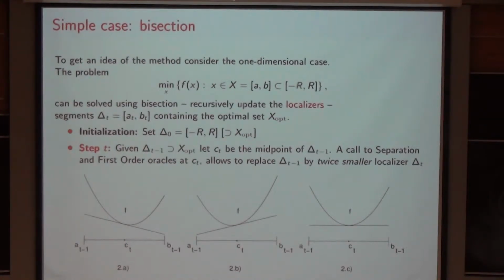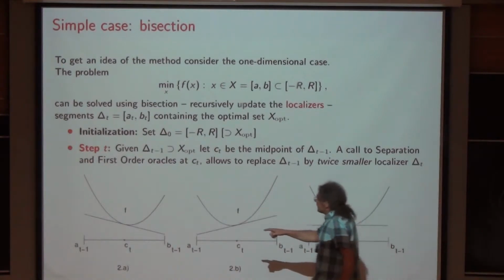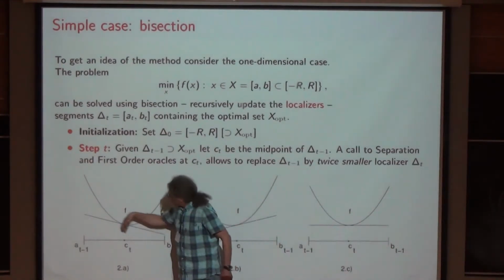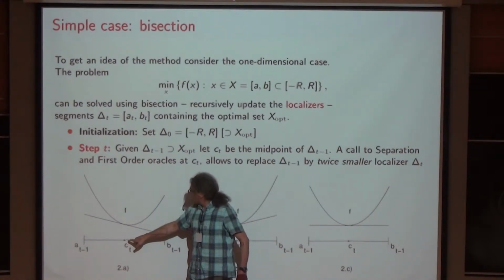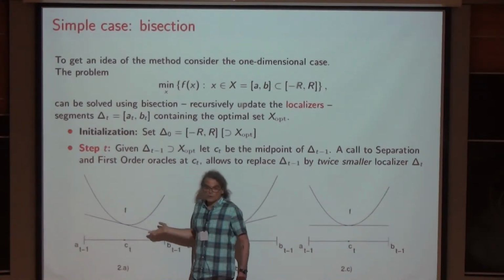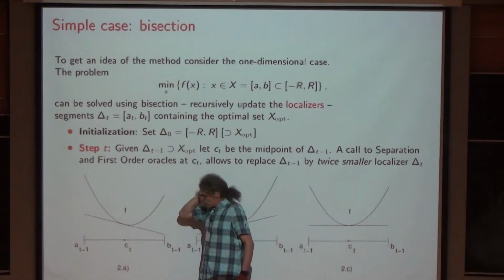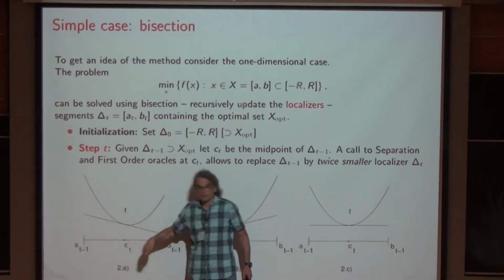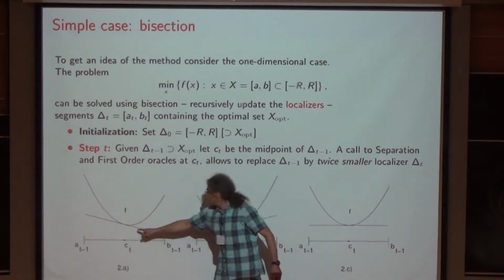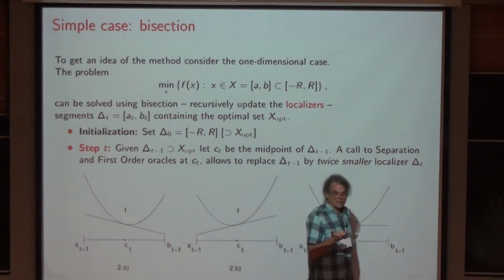then we can look at the gradient of the objective. In situation 2a, it's clear that all points on the left of the middle point of the segment are of no interest. They do not contain the optimal set. So we can just throw them out, and we divide by 2 the length of the localizer once again.